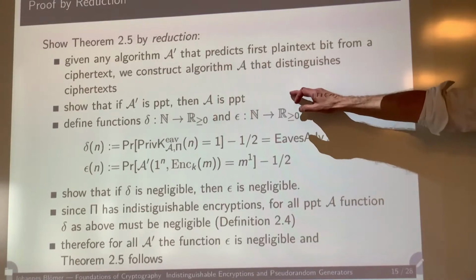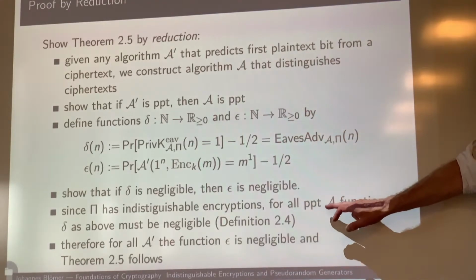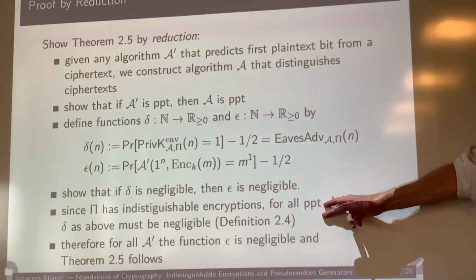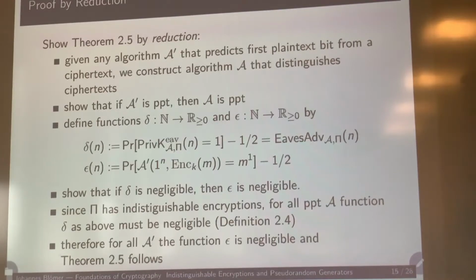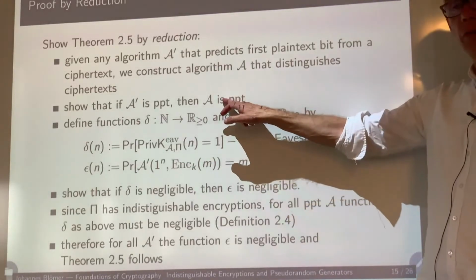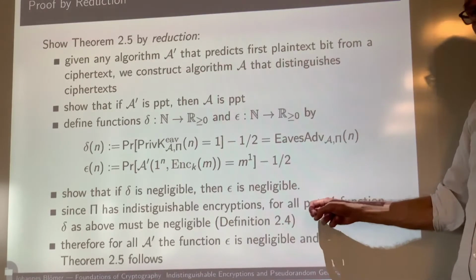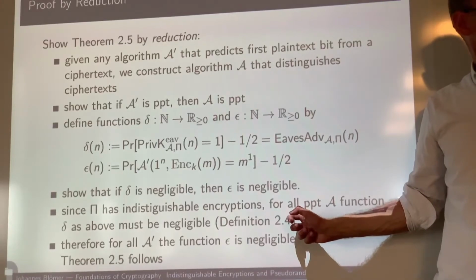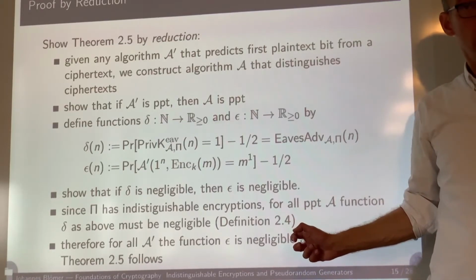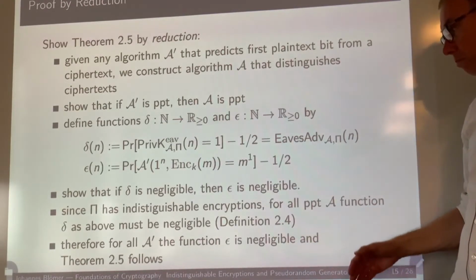And here I use this step already, because I can argue that this is negligible only because for this A, it's a PPT. And my definition for eavesdropping security only applies to PPT As. So if I would construct from A prime, which is a PPT, something that's not a PPT, I cannot make this statement because the definition does not apply to non-PPT algorithms. And then I'm done.